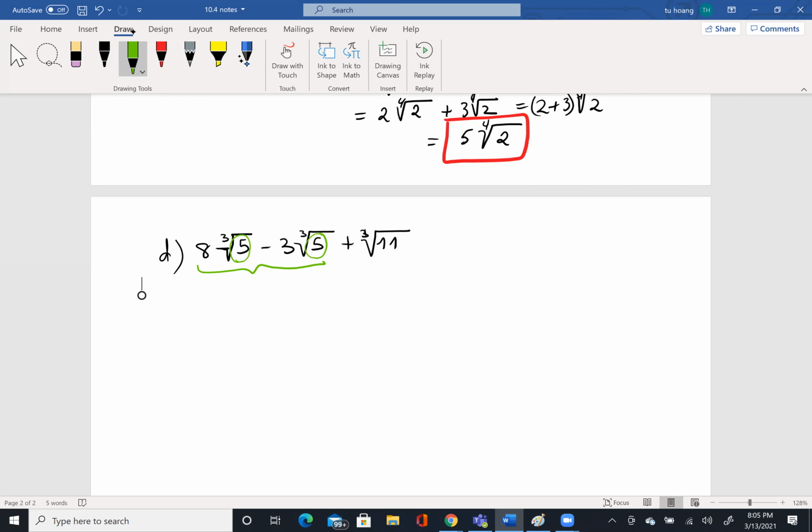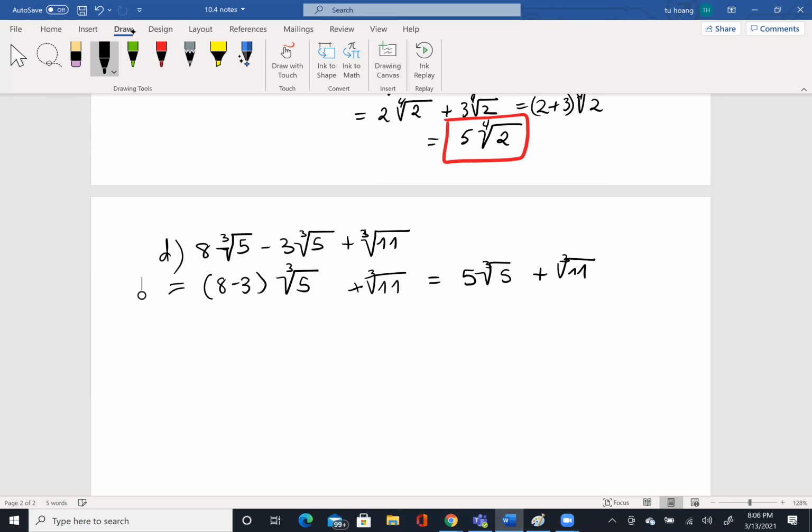You cannot factor 11, so there's no way to combine this cube root of 11. So it stays cube root of 11, and the cube root of 5 terms over here I combine as 8 minus 3 times the cube root of 5. And that gives you 8 minus 3 is 5 cube root of 5 plus cube root of 11.